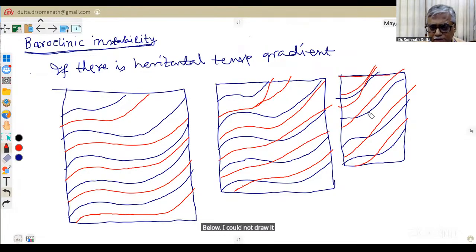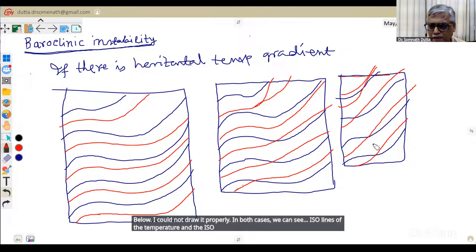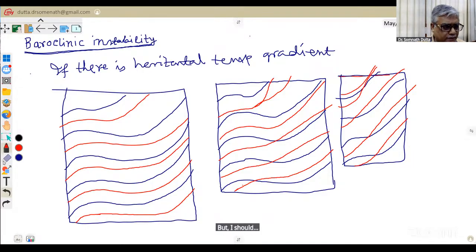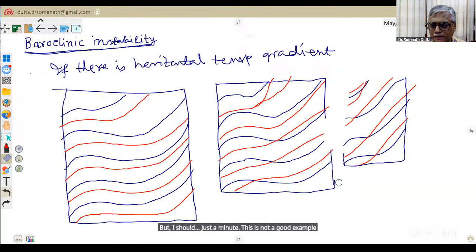In both cases, we can see that the isolines of temperature and the isolines of the contour, that is height lines, are cutting. But just a minute. This is not a good example. I should explain in a much better way. Just a minute.